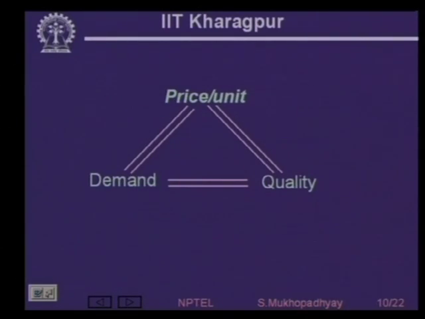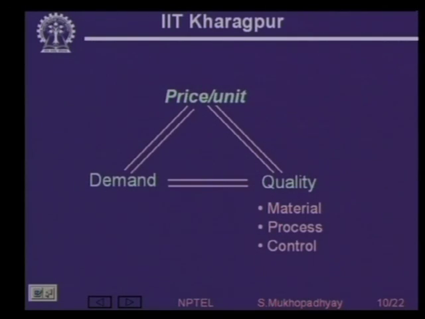Why? Because people have a feeling that that brand actually has higher quality. So, if you can enhance quality, then you can increase the price and your demand will remain more or less the same. So through that path also you can make more profit. So, you can make more profit either by cutting down the price or by increasing the quality and charging more price, both ways. This is the reason why there is an obsessive focus on quality.